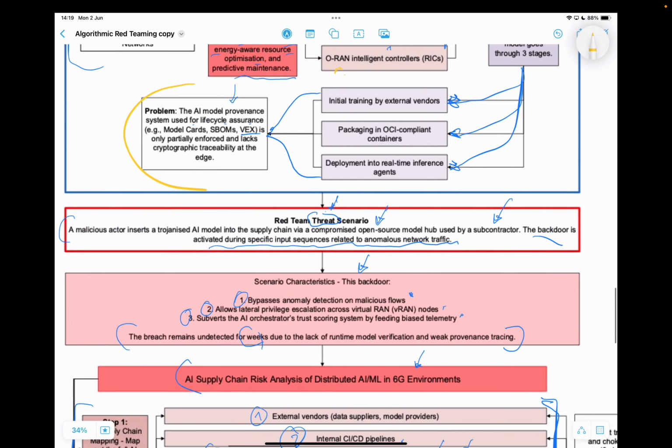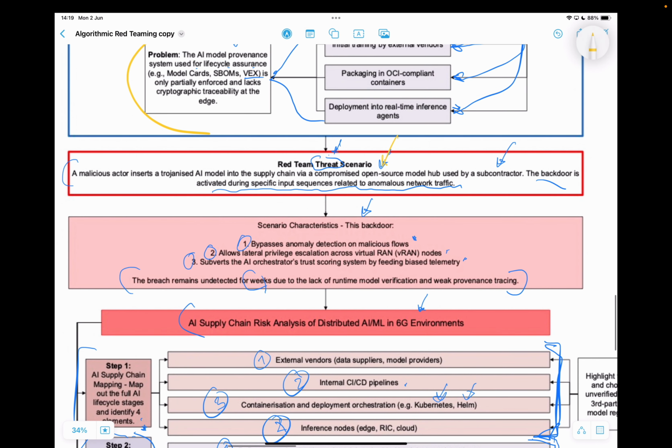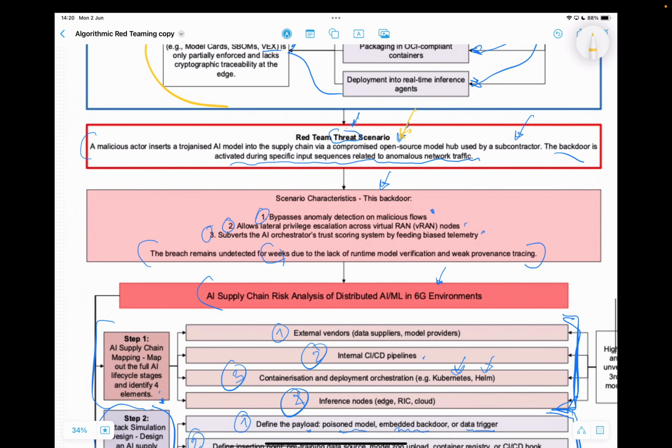Then we move on to the threat scenario that we're building. In this section, the simulation is using a malicious actor as an infiltrator into the open source model hub of a subcontractor. So they insert a Trojanized AI model. It contains a logic bomb, which is activated under specific traffic conditions that evade anomaly detection. And what's the point?